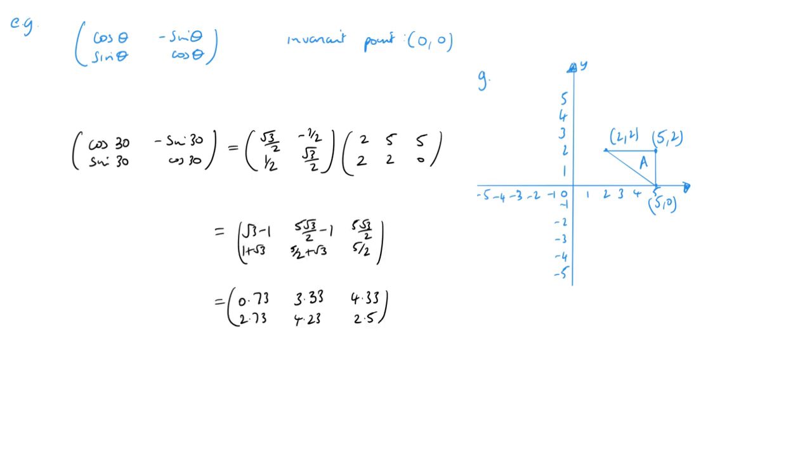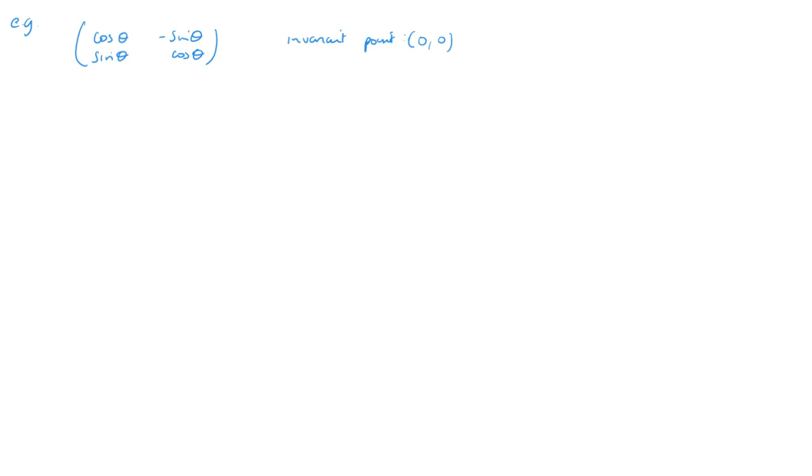So that's what my values end up as, and what they roughly are as decimals to 2 decimal places. Now I'll plot them on the graph. Now it looks something like this. My diagram's a little bit off, but it's a rotation of 30 degrees anti-clockwise about the origin. Let's have a look at an easier one.